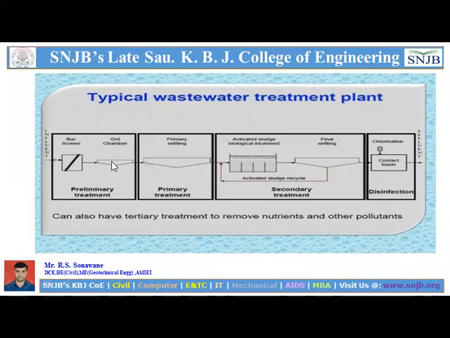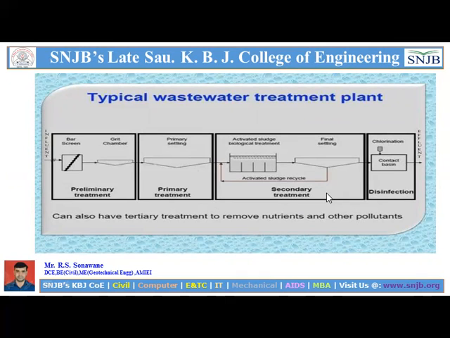Then after that comes primary settling. In the primary settling there is a primary settling tank, which is part of the primary treatment. We already learned about the settling tank in unit number 2: how the primary settling tank works and how to design it. Then the secondary treatment is very important.